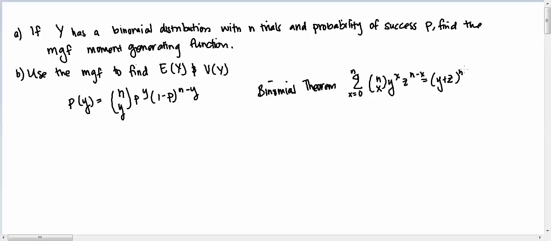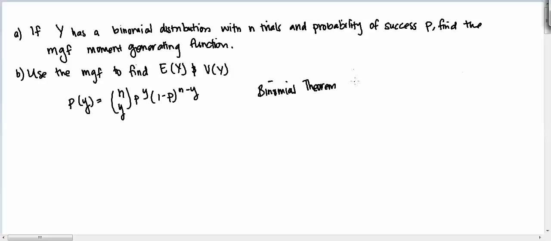I'm going to start changing some letters around, because I want to remain consistent and not mix up my y's and x's. So I'll write down the binomial theorem like this.